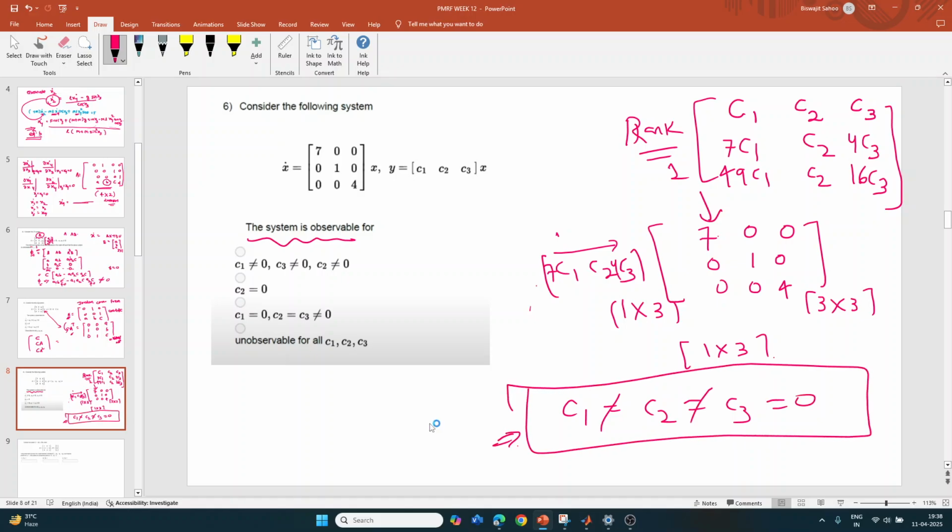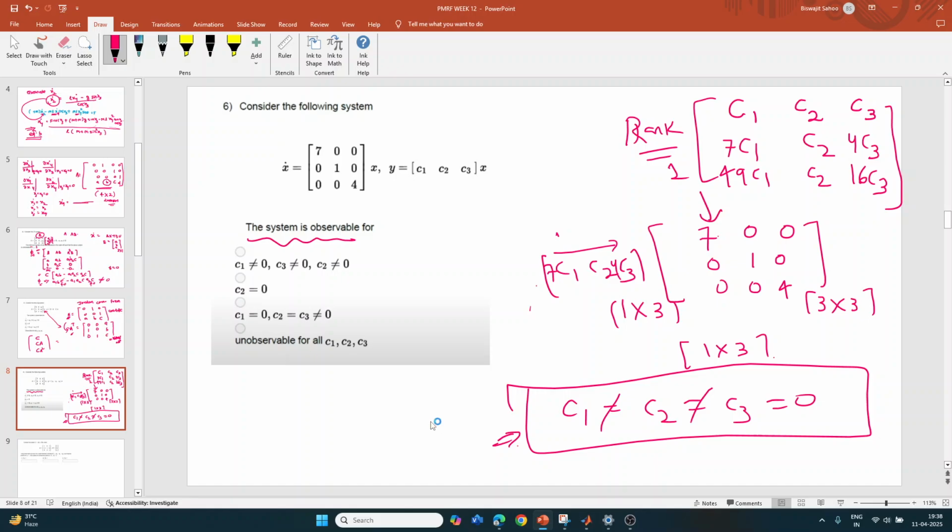If one element goes to 0, then the system is not observable. You just need to find the determinant of the system.